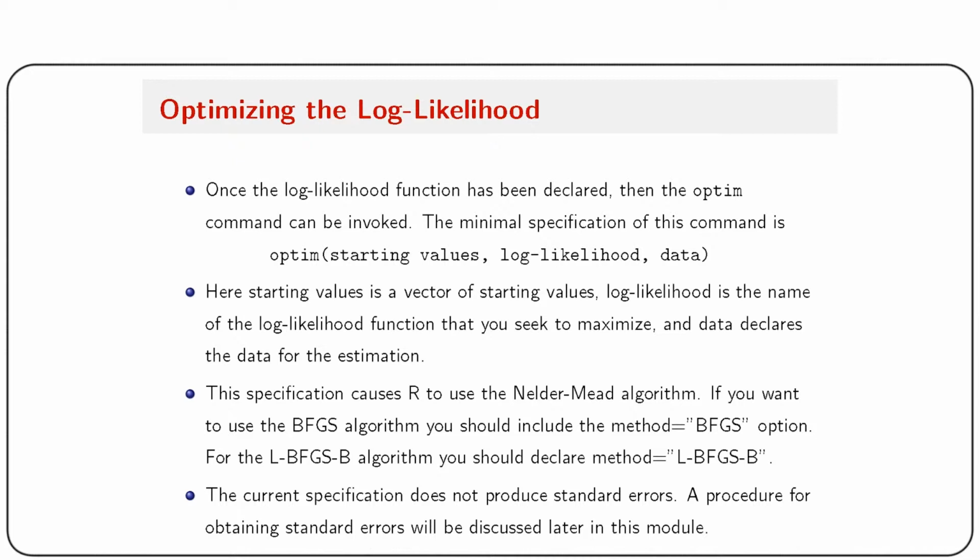This specification causes R to use the Nelder-Mead algorithm by default. If you want to use the BFGS algorithm, that is a Newton method, you should include the method BFGS option, and for the L-BFGS-B algorithm you should use, within double quotes, L-BFGS-B. The current specification does not produce the standard errors. A procedure for obtaining standard errors will be discussed later in this module.